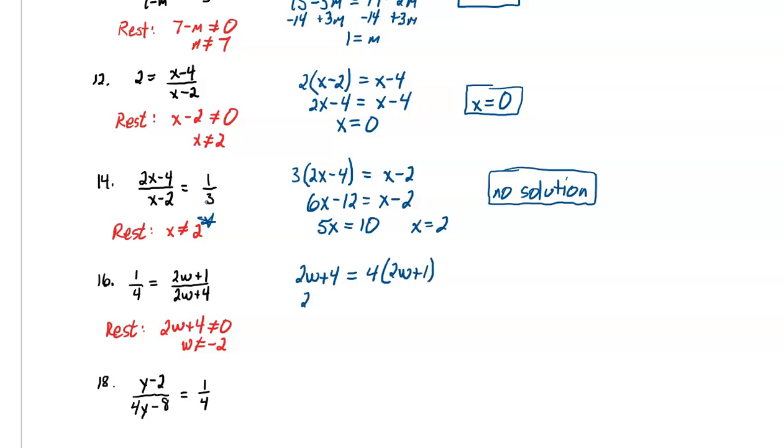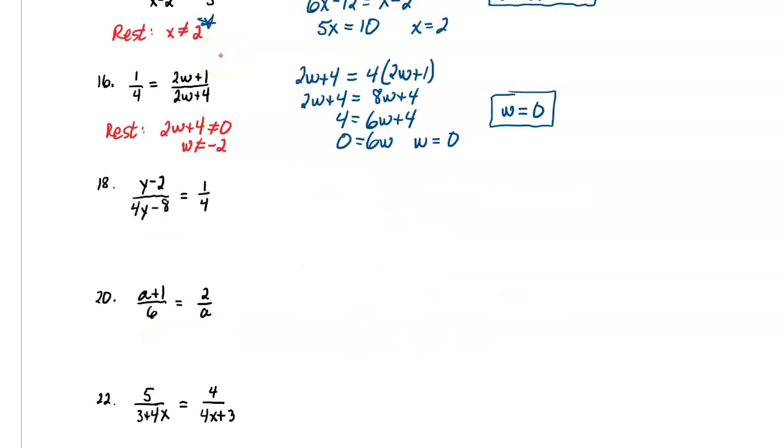Now some distributive property on the right side. I'm going to subtract 2W from both sides, creating 4 is equal to 6W plus 4. Then subtract 4, creating 0 is equal to 6W, and therefore W is equal to 0. That's not a restricted value, and so the answer is W equals 0.